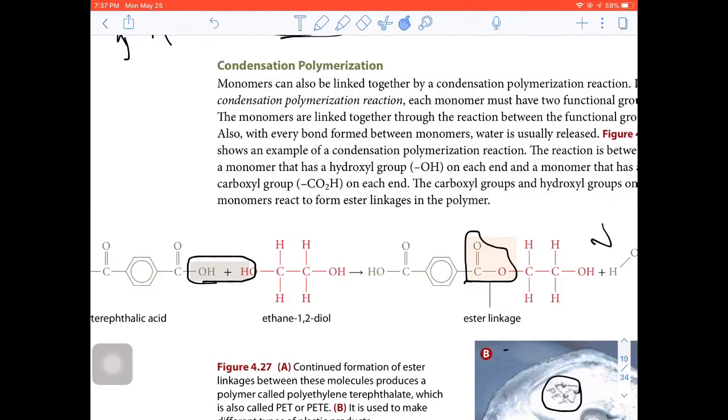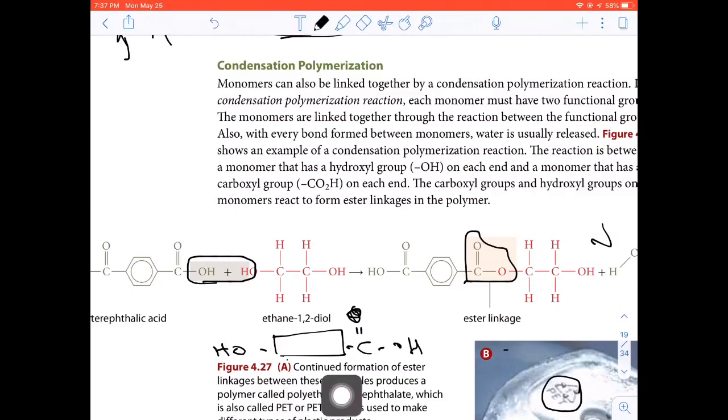So I have whatever the structure is, my hydrocarbon piece in the middle, but then I'm going to have a COOH on one end. That was messy. And I'm going to have an OH on the other end, so that I can always have the OH on one end bonding to the COOH, the carboxylic acid, on the next molecule.